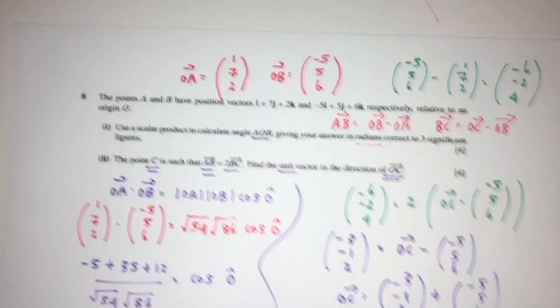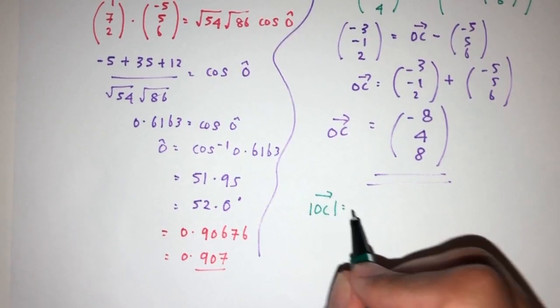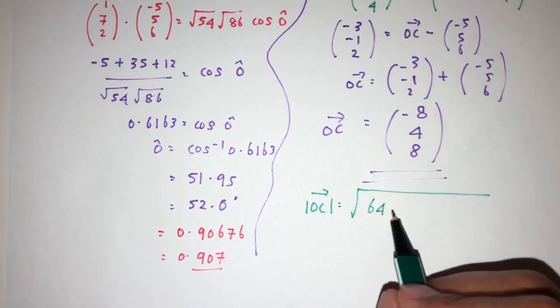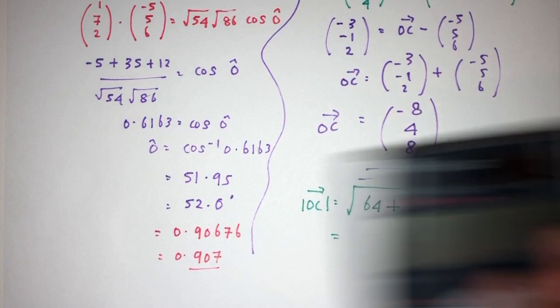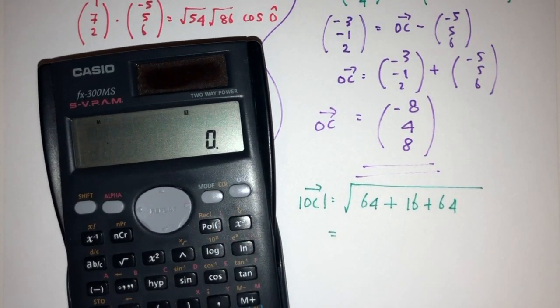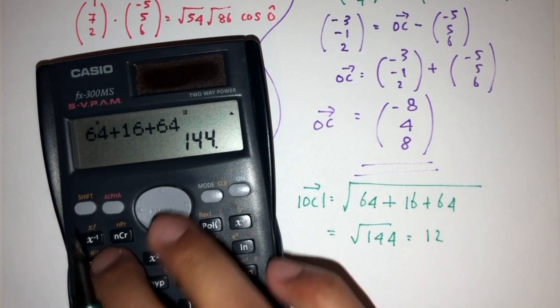Now we have to find the unit vector in the direction of OC, so pretty easy. So we also have to find the magnitude of OC. We have to find this: 8 squared is 64, plus 4 squared is 16, and 8 squared will be 64 as well. Now again, minus 8 squared is the same thing, right? It will be 64. 64 plus 16 plus 64, that should be root of 144, and that should be 12. Let's check.